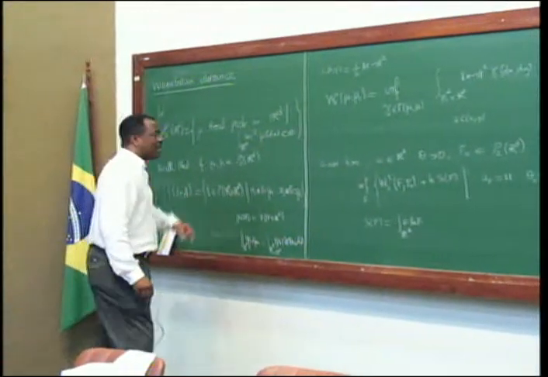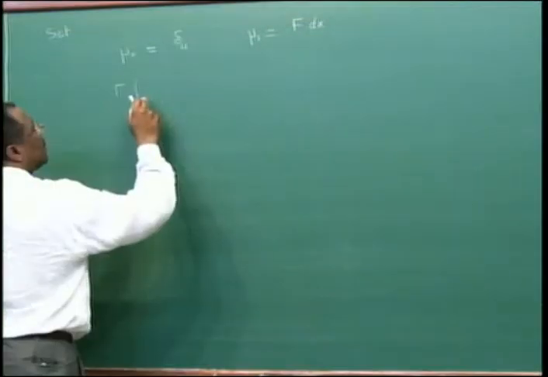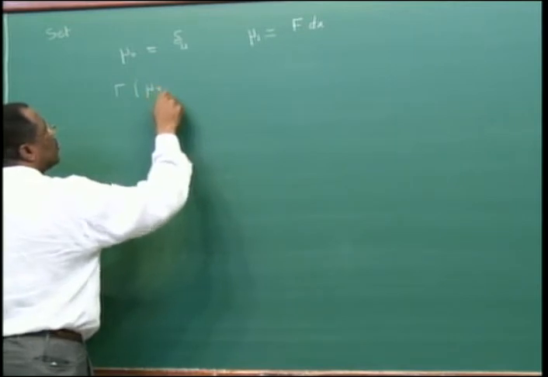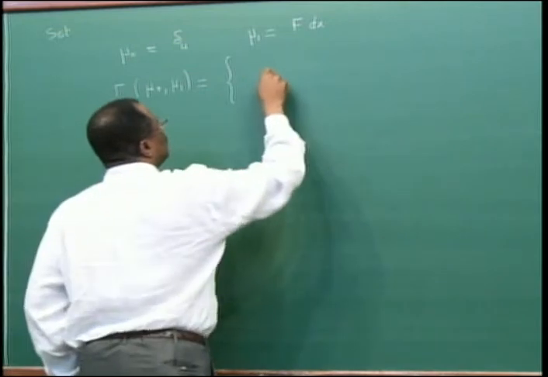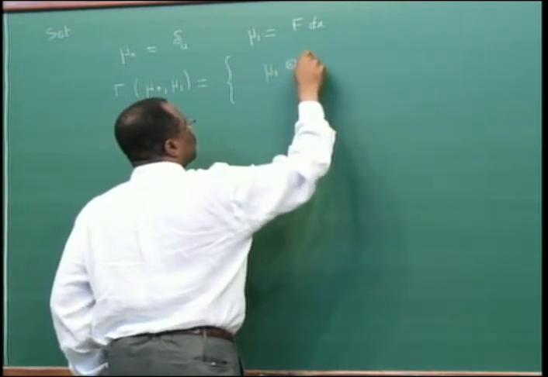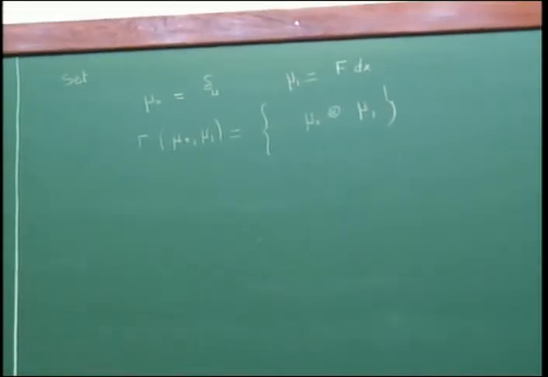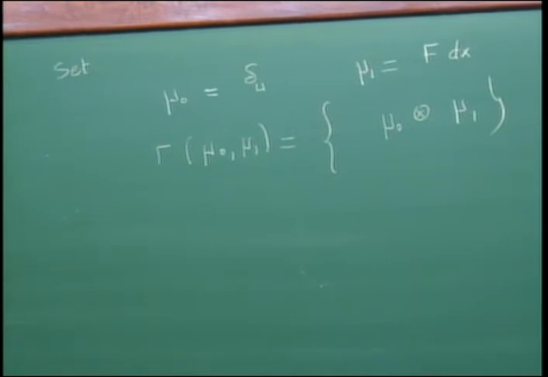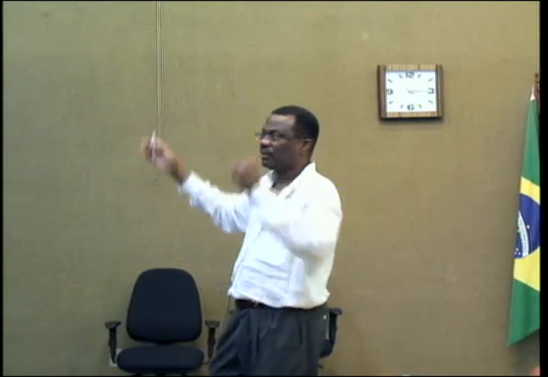Then this set Gamma reduces to one element, mu naught tensor mu 1. It contains only one element because you have a point somewhere and you have mass distributed somewhere else. You are looking for the way to transport the mass here to that point. There is only one way, there is only one point.